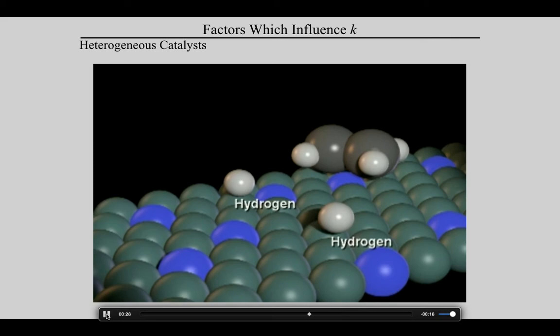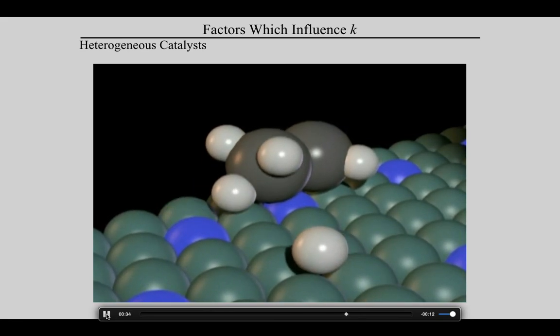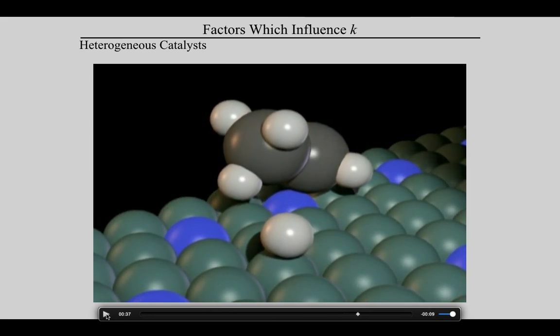When an adsorbed hydrogen atom encounters an adsorbed ethylene, it may add to one of the carbon atoms, forming a new CH bond. See how that is an issue of orientation? The surface holds that ethylene molecule down, and as it does, it increases the likelihood that these free-roaming hydrogens would hit that molecule at one of the carbon ends in such a way that it'll bond.